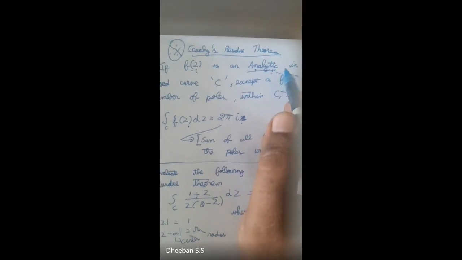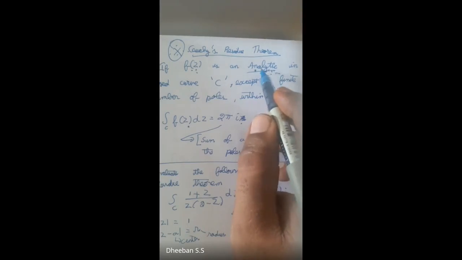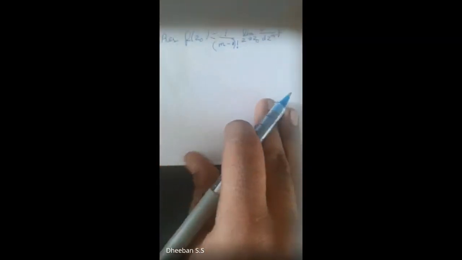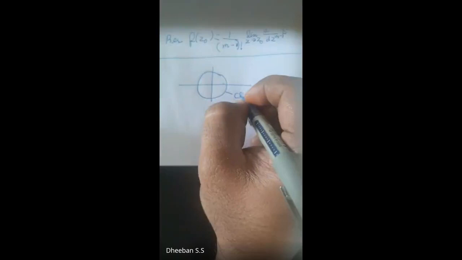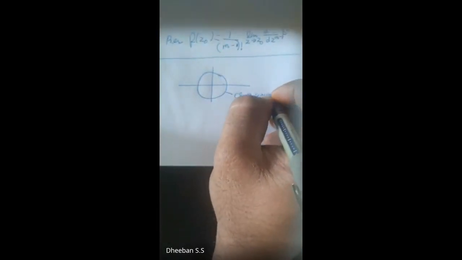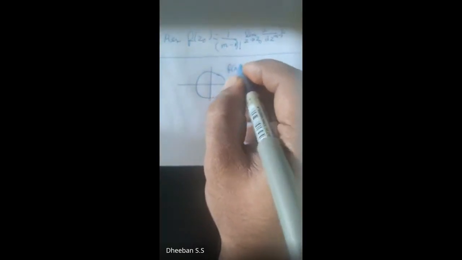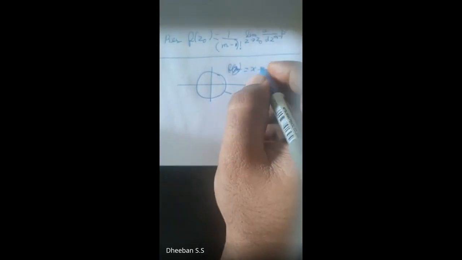The second condition is that this function must be analytic within the closed curve C. For example, you can take a circle as the closed curve C, and take the function f of z as z minus a.